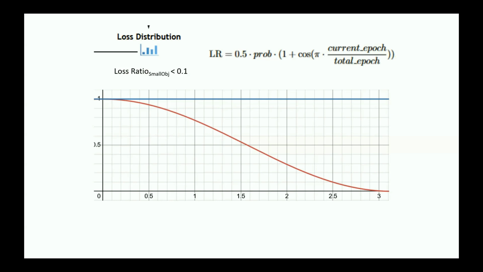So the way to align with the intuition is to make the data augmentation strength or probability gradually reduce during training. We could also reduce the augmentation strength, but we choose to reduce the trigger probability by directly using the cosine annealing learning rate schedule, like the red line.